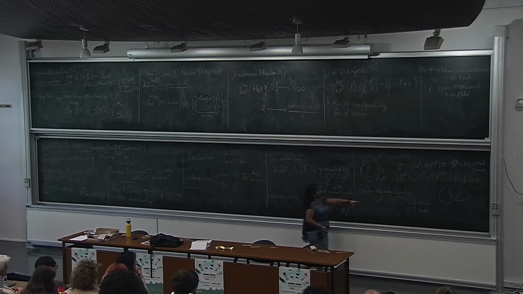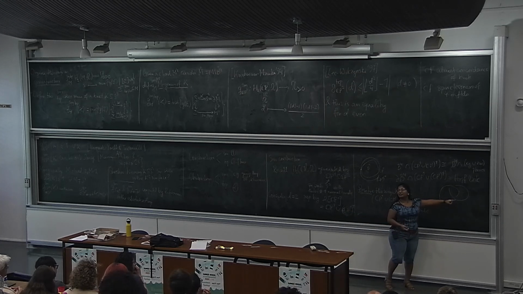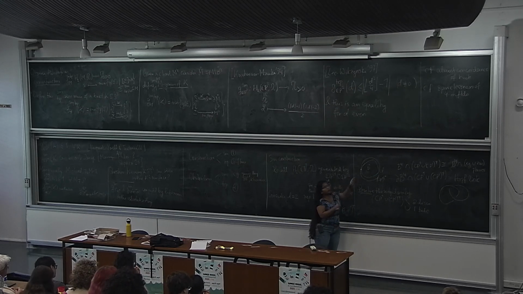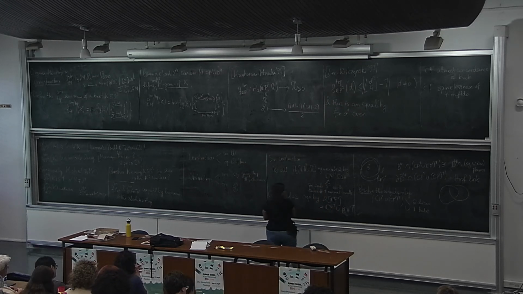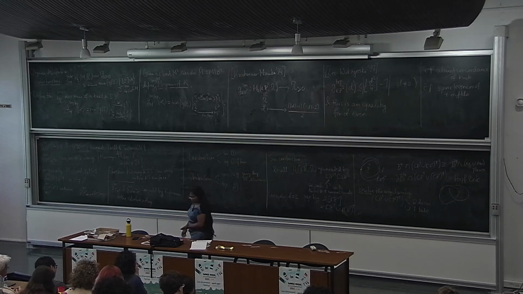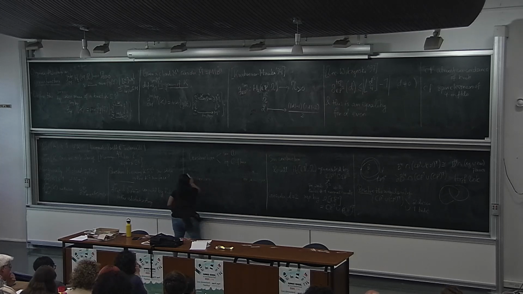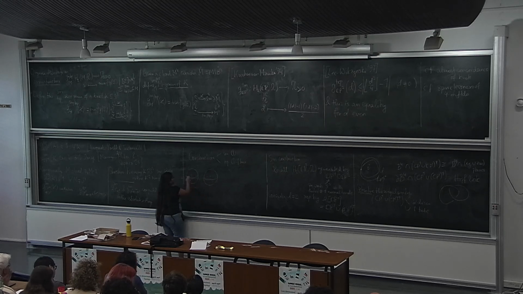So the resolution is the following procedure. I had these two surfaces intersecting at a transverse double point. So that means that there are two disks. Abstractly speaking, I had two S2s, and there were two disks, like this and this, in the domain.